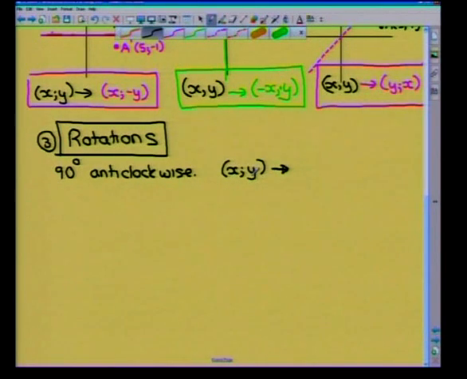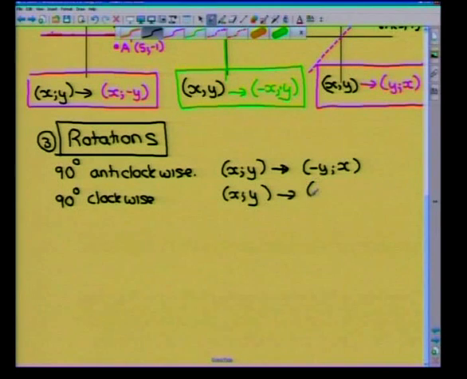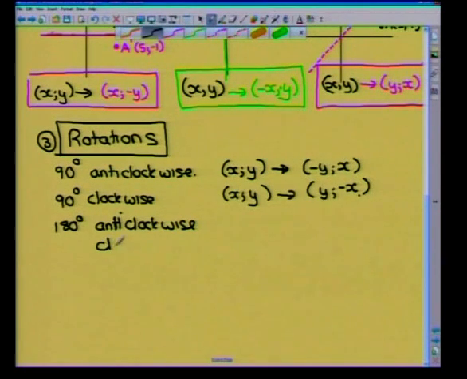So, basically, x, y will become minus y, x. 90 degrees clockwise, well, that means the rule would be x, y becomes y, minus x. Then we have 180 degrees, and there it doesn't matter whether I go anti-clockwise or clockwise.